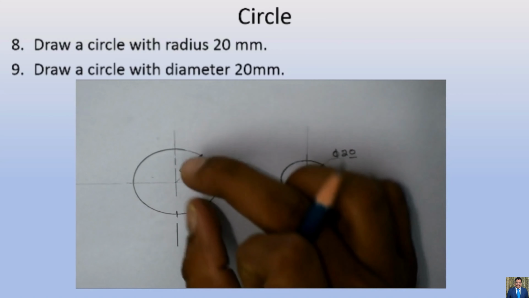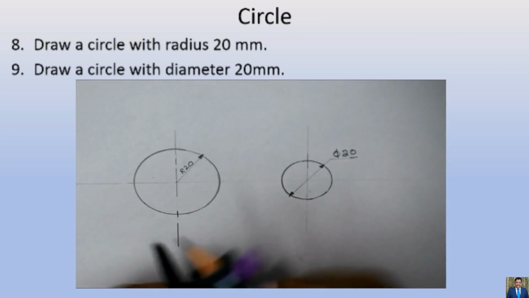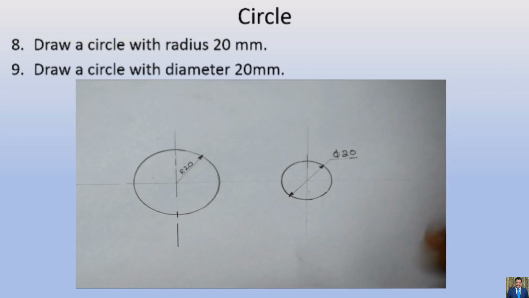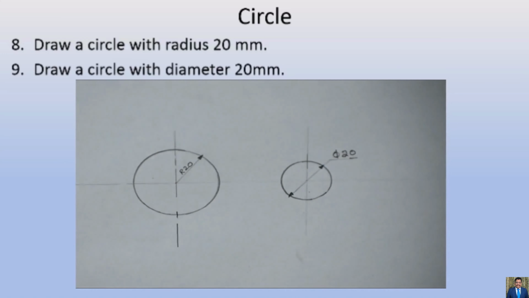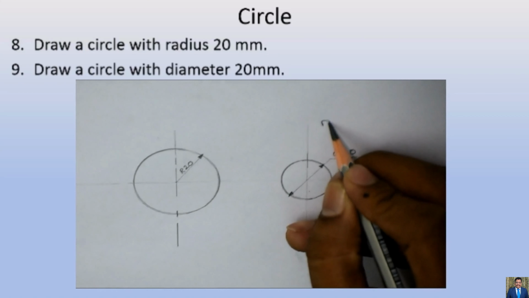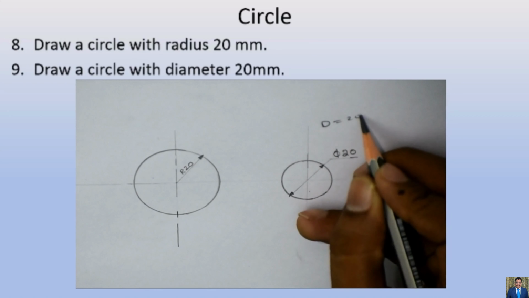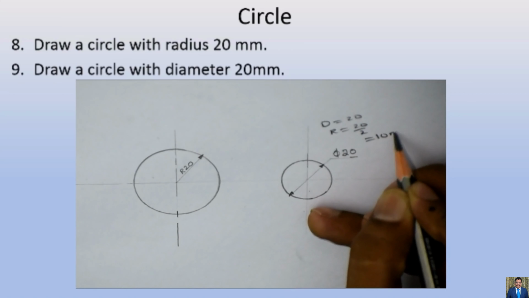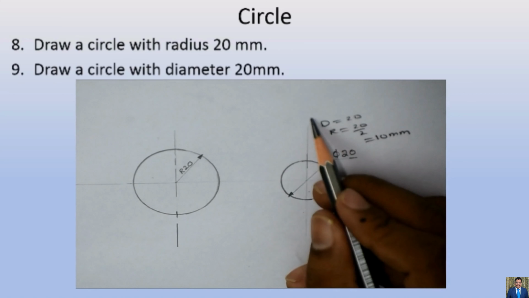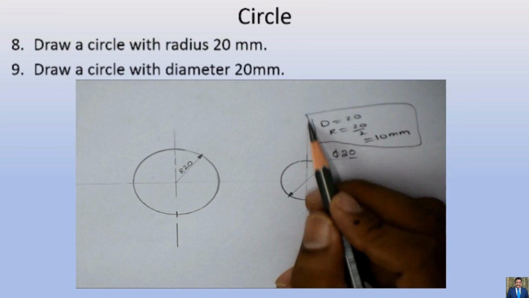This is a 40 mm diameter circle. I hope you can observe the differences now between the radius and diameter. This is very important. Here the diameter is 20 and the radius is 10 mm. Very important thing to note.